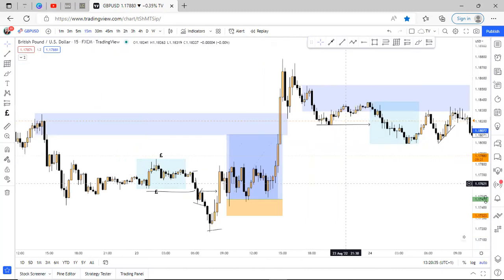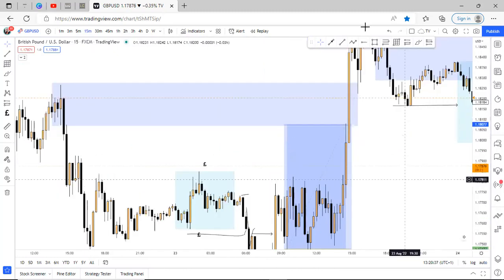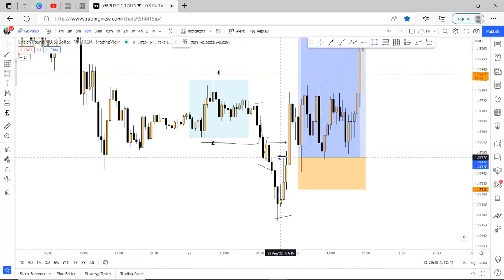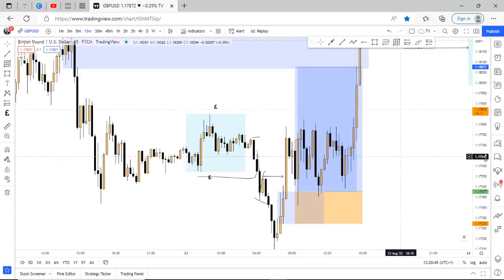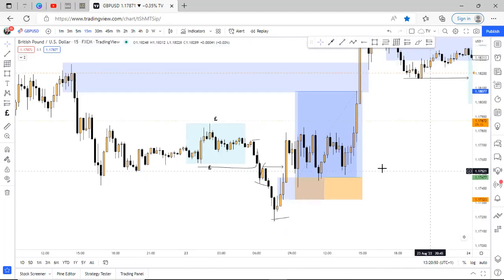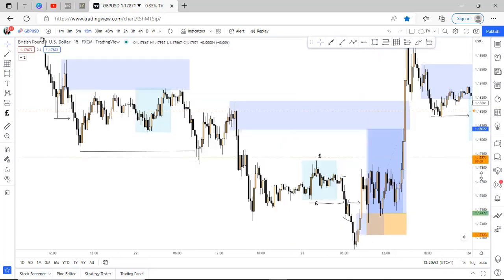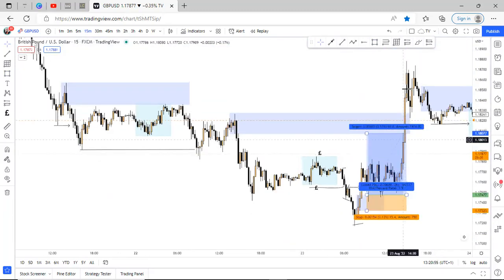So on the 15 minutes time frame now, as you can see, I took this zone as my point of interest to take the buy trade, same as the Euro USD trade. And as you can see, market ran through my take profit.